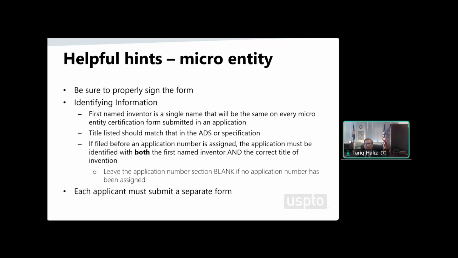If you're filing this with the original filing, you won't have an application number yet, which means please be extra careful that the first named inventor and the title of the invention are clear and match the application, so that we do not accidentally assign microentity status to some other case with the title of skate device invented by Smith. This is another reason why we suggest more descriptive titles.